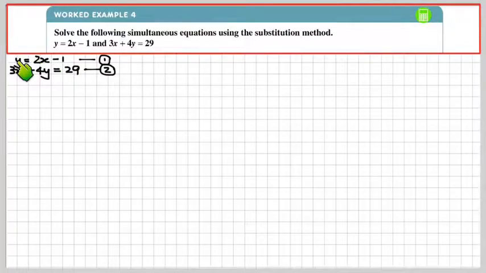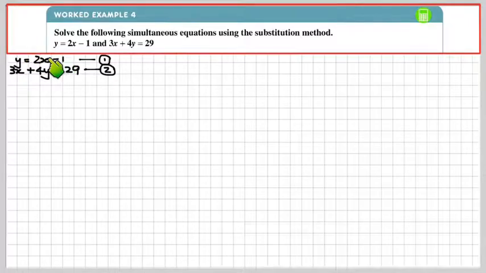See, y is the subject, and it's already made into y equals mx plus c form for us. So it's very easy to do the following. You say, oh goodness, y is 2x minus 1.